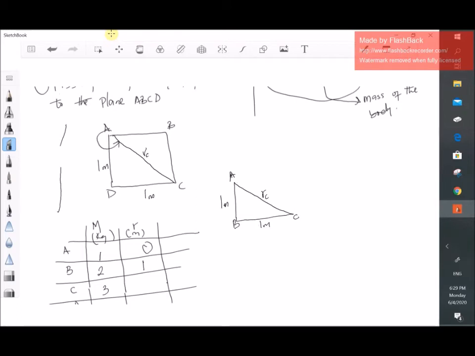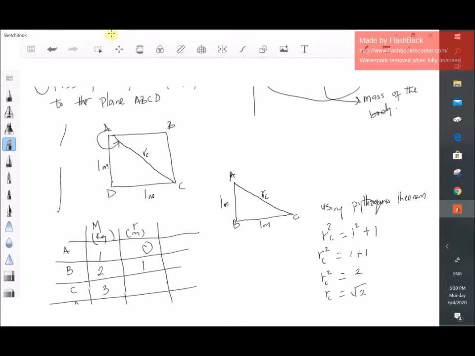We can solve this using Pythagoras theorem. It says that the hypotenuse squared, which is RC squared, is equal to the opposite squared, which is 1, plus the adjacent squared, which is 1. So RC squared equals 1 plus 1, which is 2.